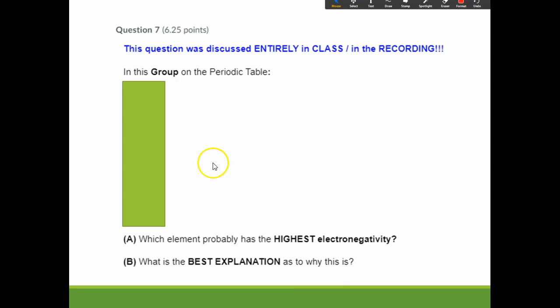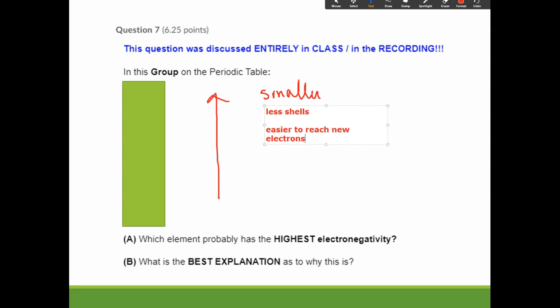Taking a look here, you can see question number 7 asks about the electronegativity within a group. And again, we said that electronegativity is going to be higher towards the top of the group. That has to do with the fact that it's smaller, right? It has fewer shells, and therefore it's easier to reach new electrons. So that should help you with question number 7.